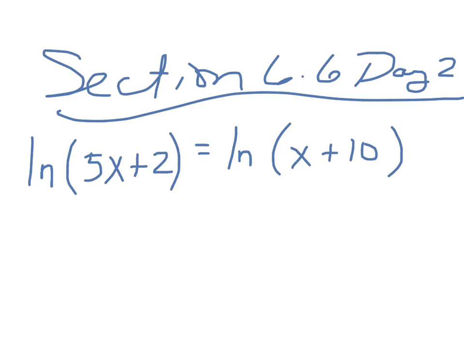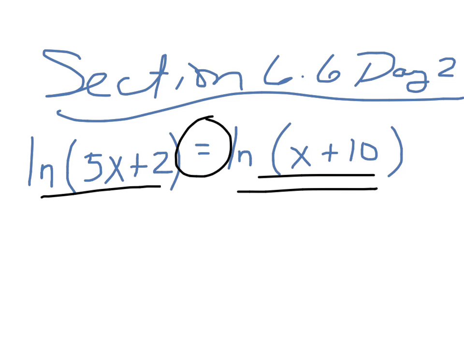So what's going to happen for this particular thing? When you see the equal sign, that means this side should equal this side. Right now, I match ln for ln. So that matches. Now the next thing that needs to match is this stuff.